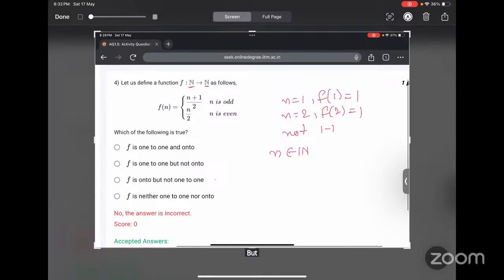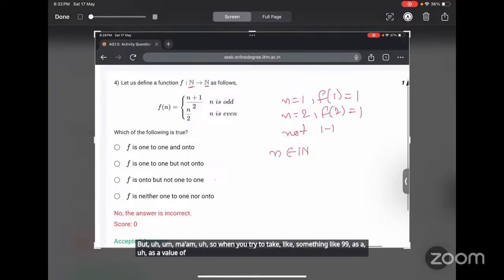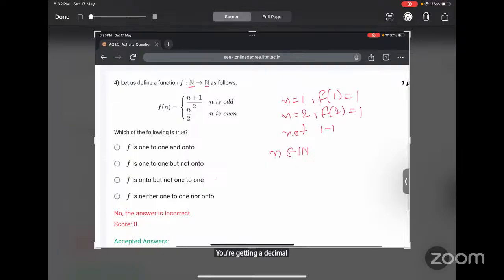But ma'am, when you take something like 99 as a value of y, and try to work backwards for the value of n, you get a decimal, which means a fraction. No, if I take 99, just think of 2 into 99 minus 1.